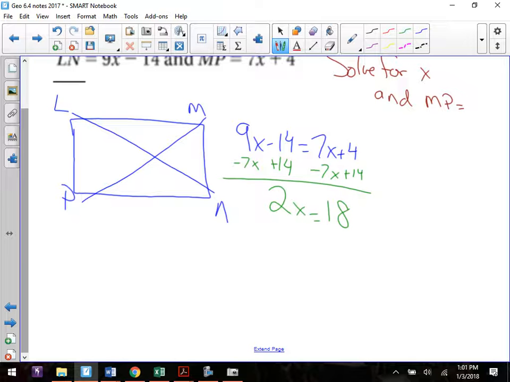What's the value of x? 9. Now, just a quick reminder, it's not always just solve for x. You have to take the value of x and go back and substitute it in.